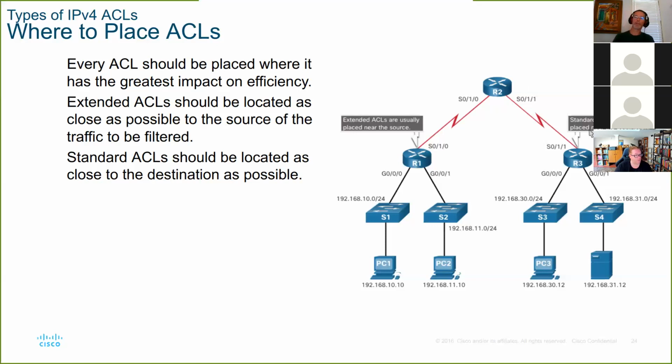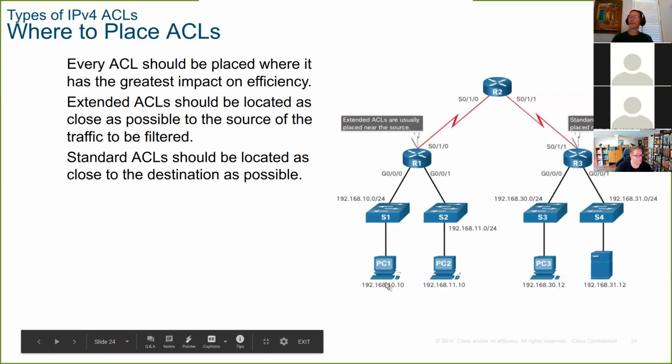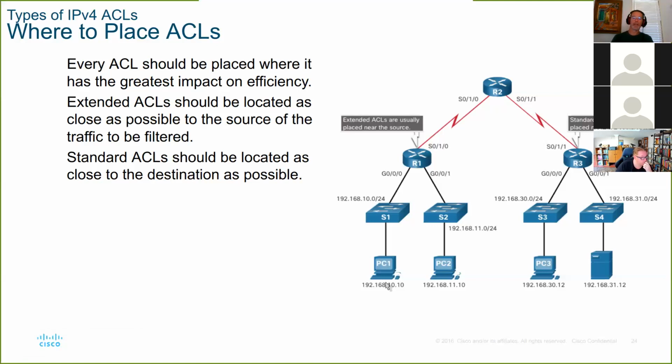But the reason we don't put it closer to the source, for example, let's just say I put it here on gig 0/0/0. Well, all I'm filtering on is source IP. So that means that when the packet comes in here, it says, oh, no, you're not allowed, which means I can't even go over to this network, or I can't cross this serial link. So standard ACL is close to the destination because we don't know where you're going. So we have to let the remote side handle that.